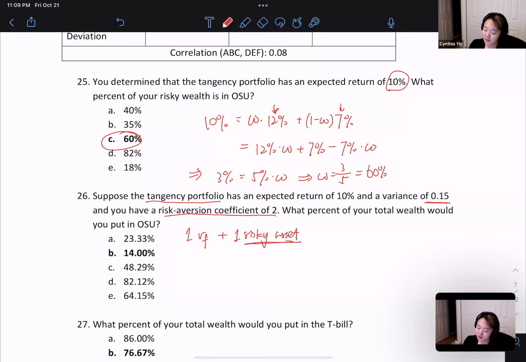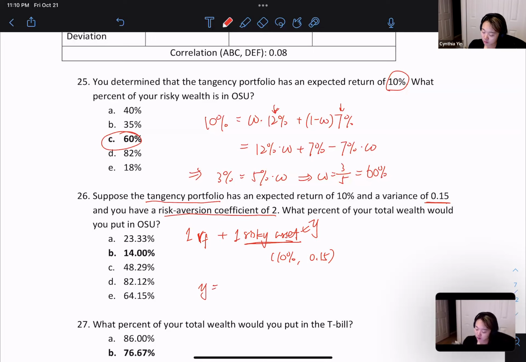And this one risky asset is going to be your tangency portfolio. Here, this one risky asset has a 10% expected return and a variance of 0.15. Using the formula in section 1 of chapter 6, suppose you invest y in this one risky asset.